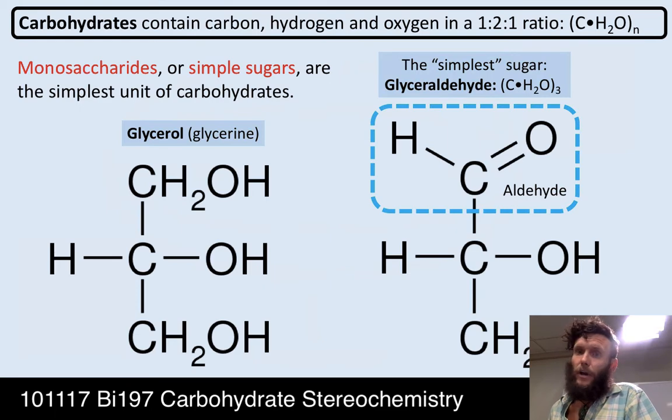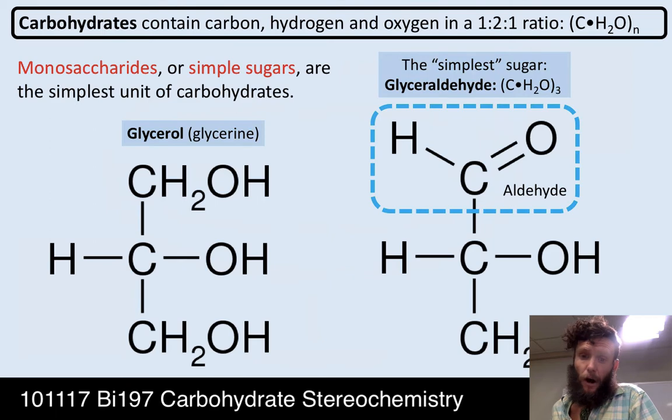And indeed, when we look at the empirical formula of carbohydrates, the ratios of carbon to hydrogen to oxygen is 1 to 2 to 1. So the overall formula of a carbohydrate is CH2O. And then there's a subscript N, denoting the length of the carbon chain. That carbon chain could be 3 carbons long, right here in glyceraldehyde.